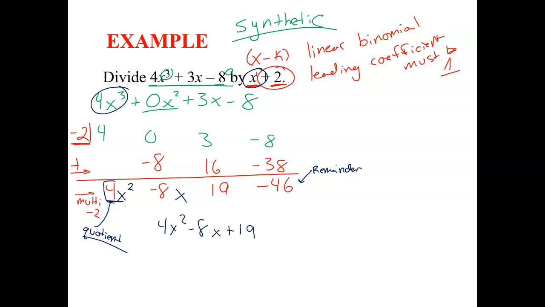And then here's the fun part with the remainder. Positive or negative is going to show up in what this sign is here. So here it's going to be minus your remainder over your divisor.